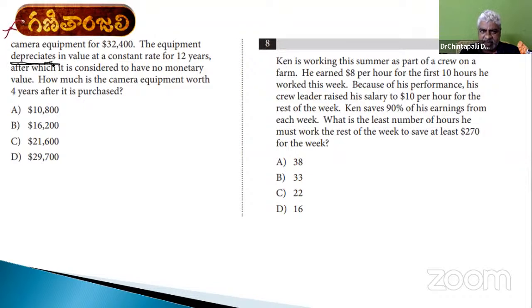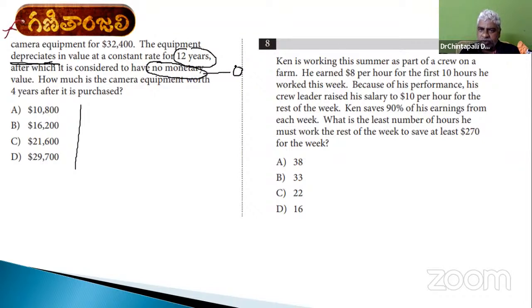In second sales, right. See here, the camera equipment is 32,400, right? The equipment depreciates its value constantly for 12 years, after which it is considered to have no money. That means zero.